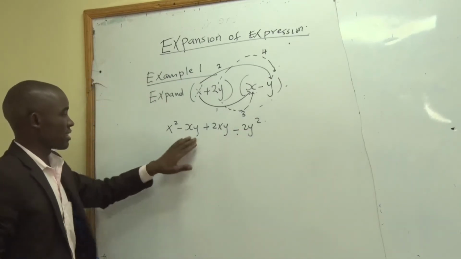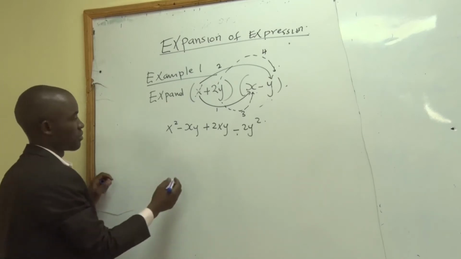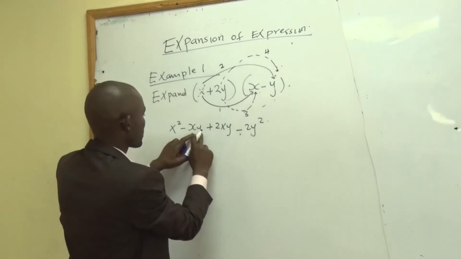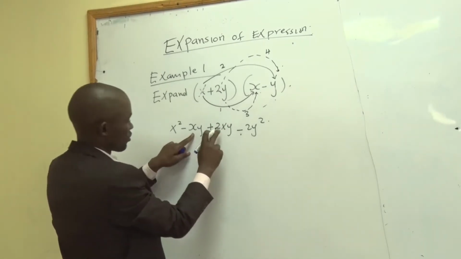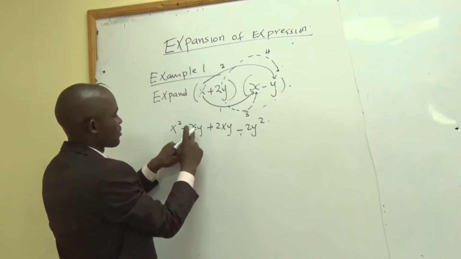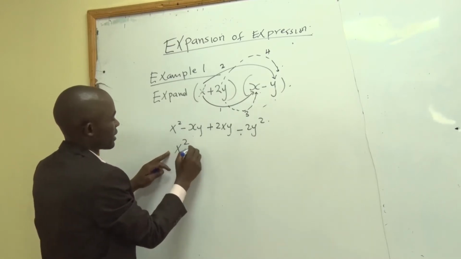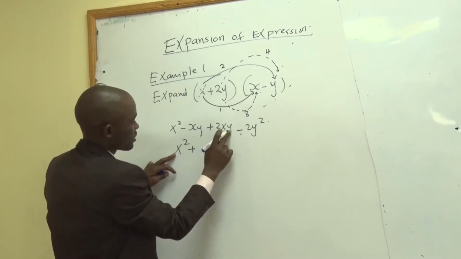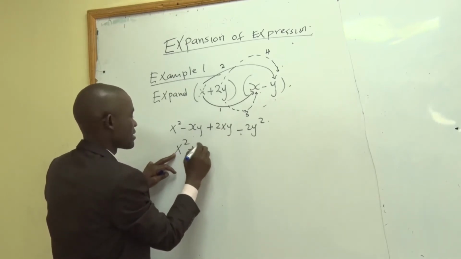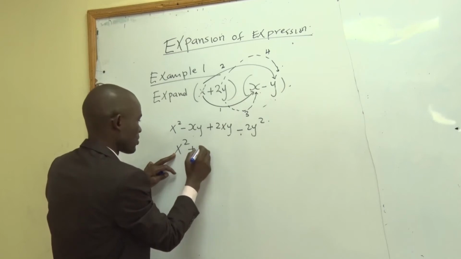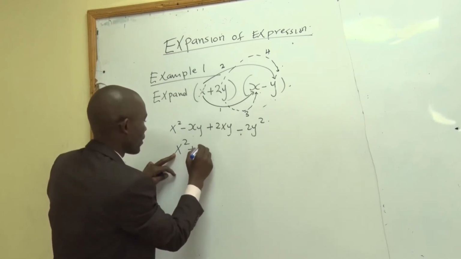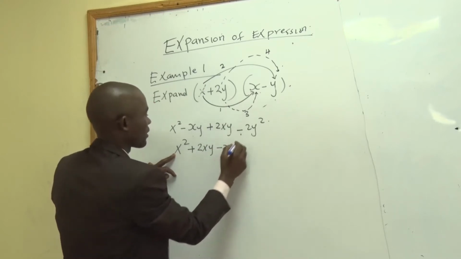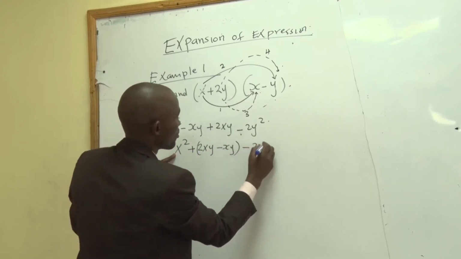If you simplify this, of course you will be able to get like terms. We have xy, so 2xy minus xy. We can write it 2xy minus xy minus 2y squared.